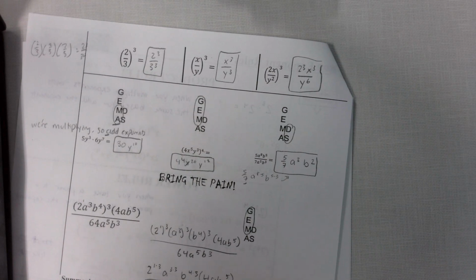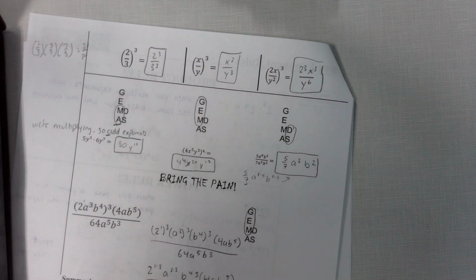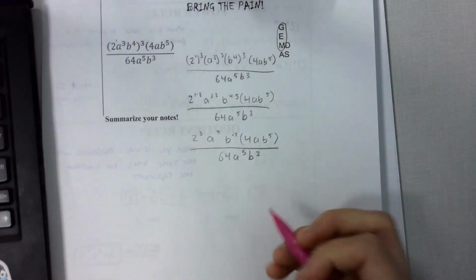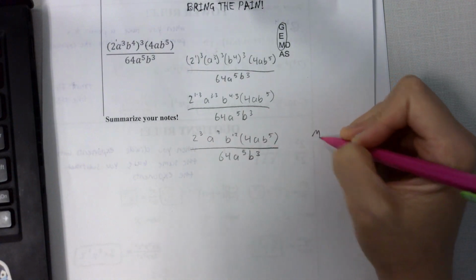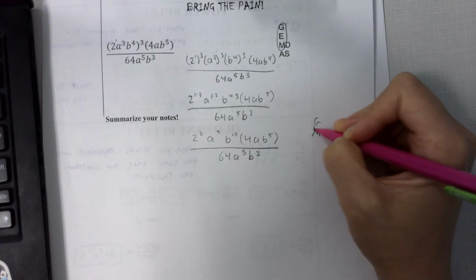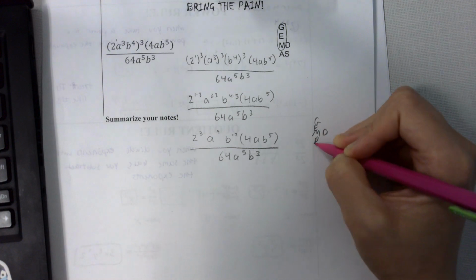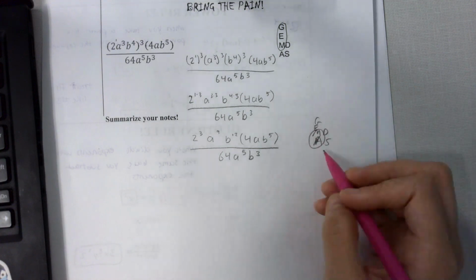Alright, so this turns into 2 to the 3, a to the 9, b to the 12, 4ab to the 5th, over 64a to the 5th b to the 3rd. Sorry. Okay, so here we're trying to multiply, so we're going to add.